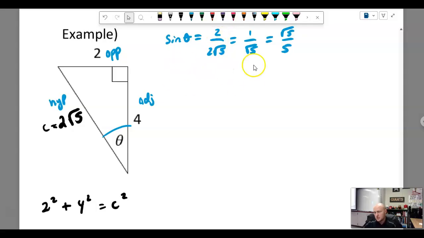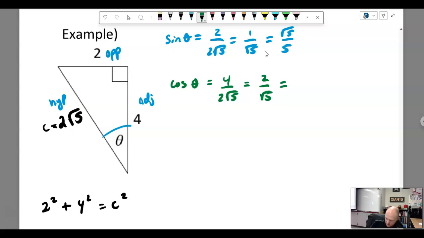Divide both by 2. And then I rationalize. So multiply both by square root of 5. Cosine theta, we get 4 over 2 root 5. We can reduce to give us 2 over square root of 5, and then we get 2 root 5 over 5.